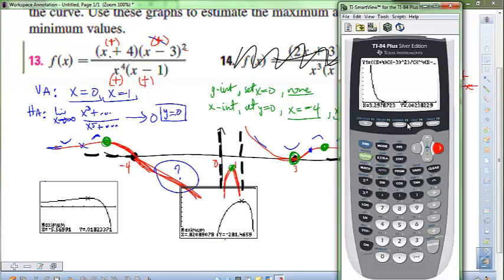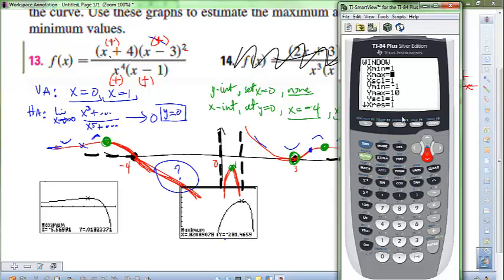And if we keep going further, this looks like it's still getting higher and higher. I'm looking at 0.009 and now it's 0.01. It looks like it's going to continue to get higher, so I might not even be able to catch my maximum with x equal to 5. So let's change the window again.